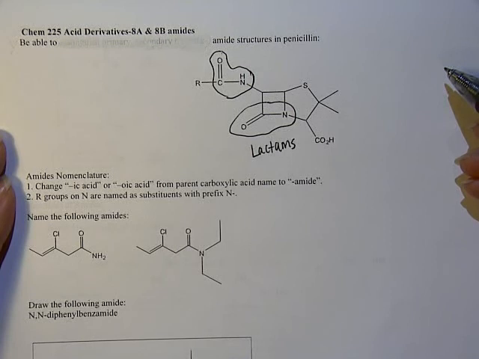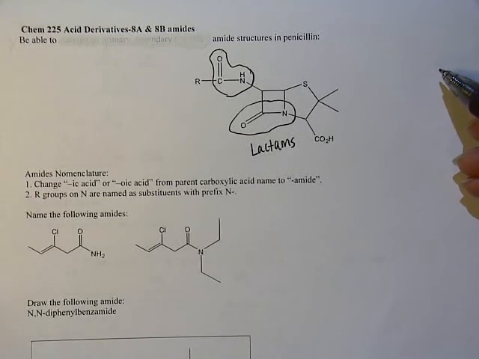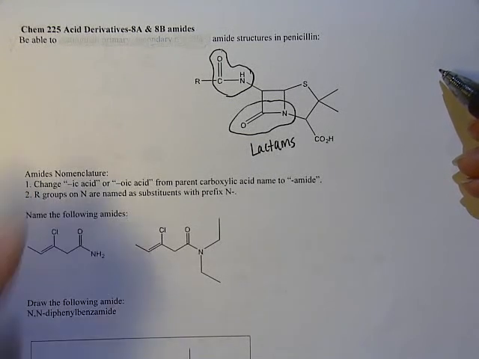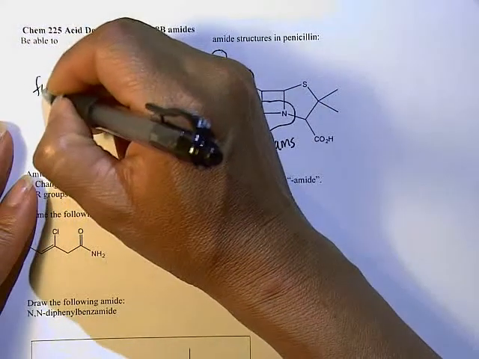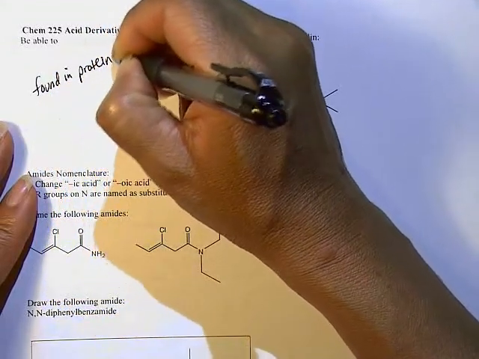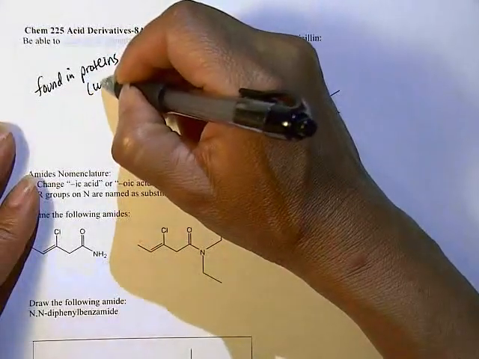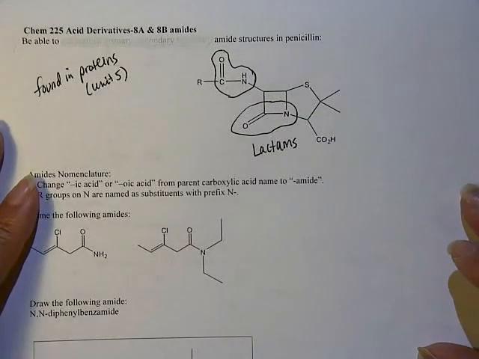Now, amides are one of the more important functional groups of the acid derivatives. So we just went over a couple lectures on esters, and amides are also very prevalent in nature. They're the most abundant bonds that you'll find in proteins. So the amide bonds are found in proteins. And we'll take a look at this in Unit 4, actually Unit 5, when we go over biochemistry stuff, we're going to look at lipids and proteins.